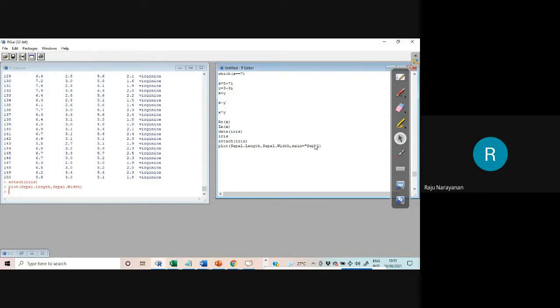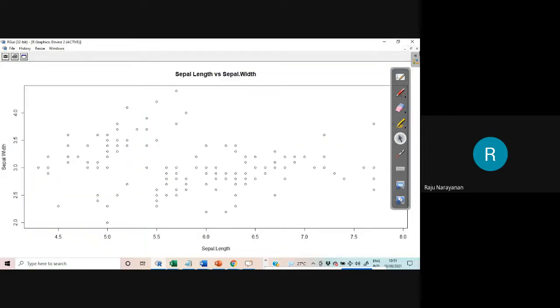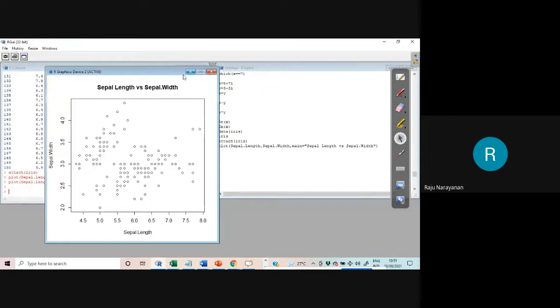You can give anything there: sepal length versus sepal width. Don't worry about that. That heading is coming here.